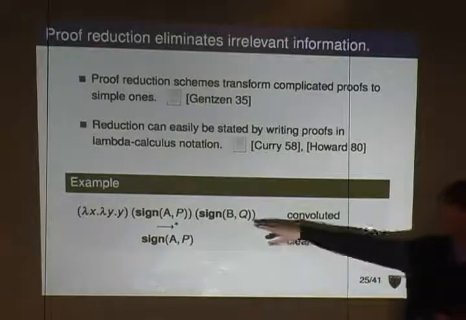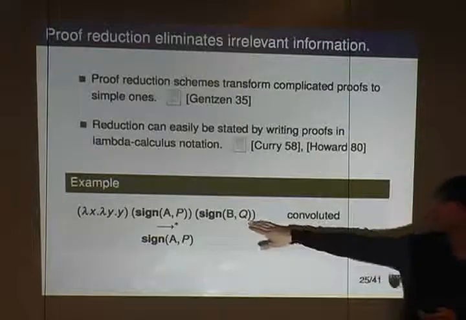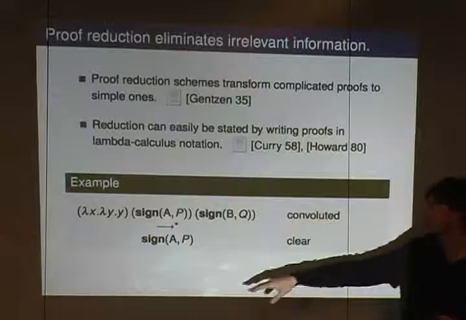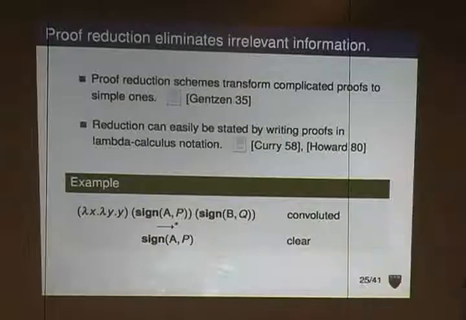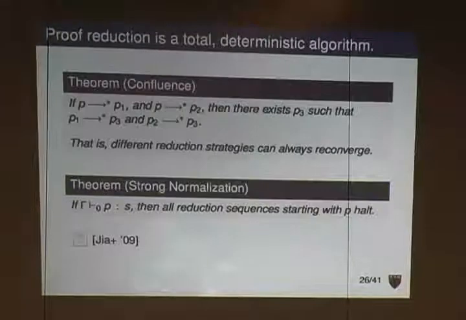So we can take our encoding of our convoluted proof, which happens to look like this, use a well-known simplification procedure, and get the proof associated with the simple conclusion. These are the only technical theorems, but they're pretty good ones, so I thought I'd put them up. If you recall your programming languages course, lambda calculus is Turing complete, so if you try to evaluate it, you might get into trouble because it could loop.